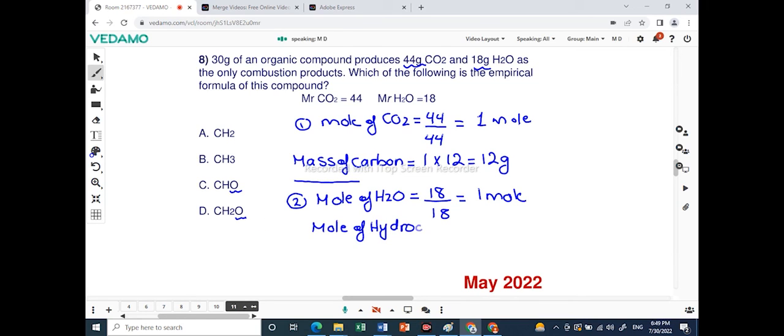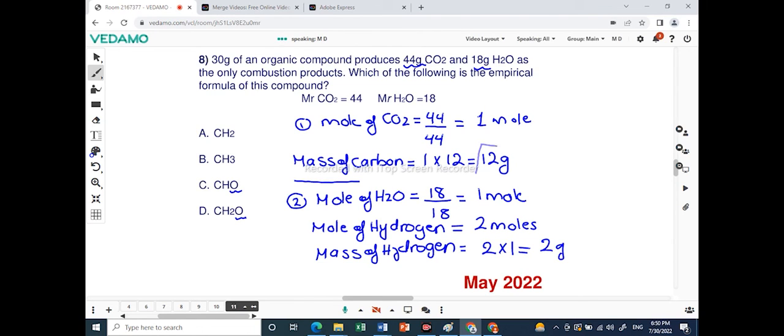So it will be 2 moles instead of 1. Now I will find the mass of the hydrogens another time. I'm going to take 2 multiplied by 1 as a molar mass, which is 2 grams.